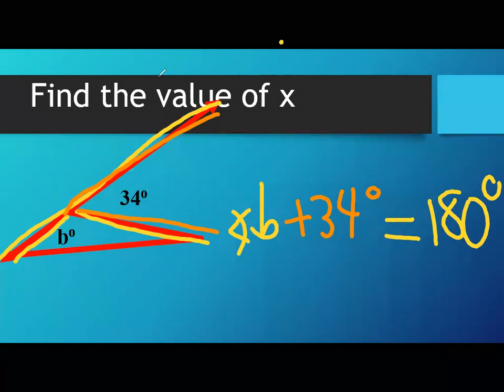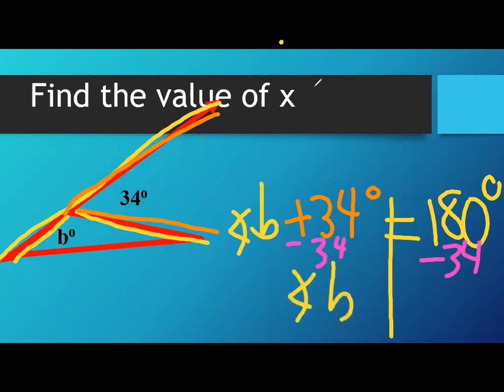Okay, so now we are solving the equation. We are going to apply the inverse operation of plus, which is minus, on both sides. So now we have that the angle B is equal to 146 degrees.